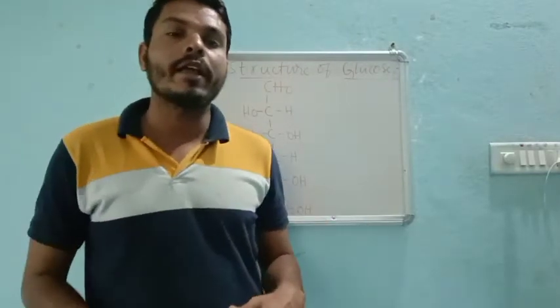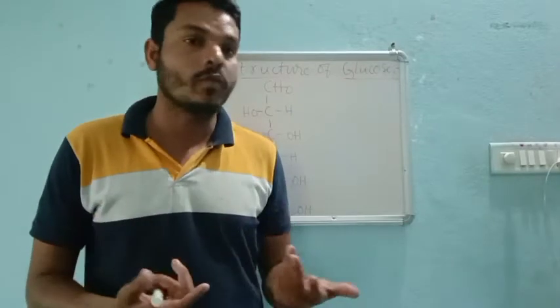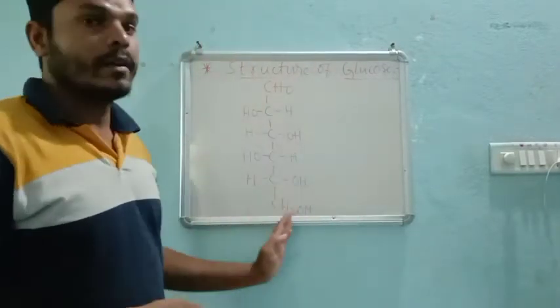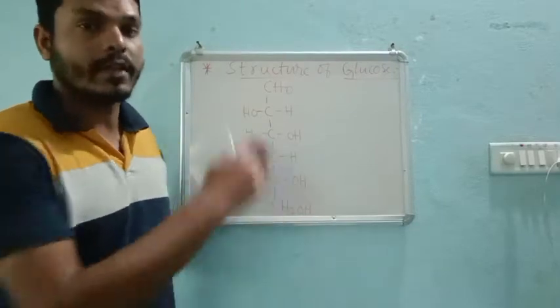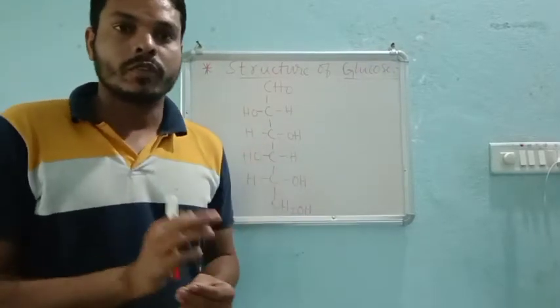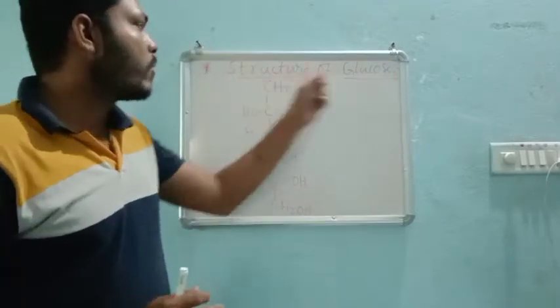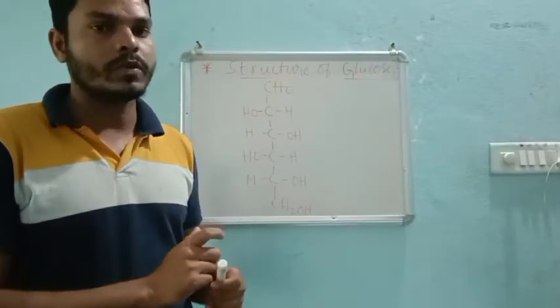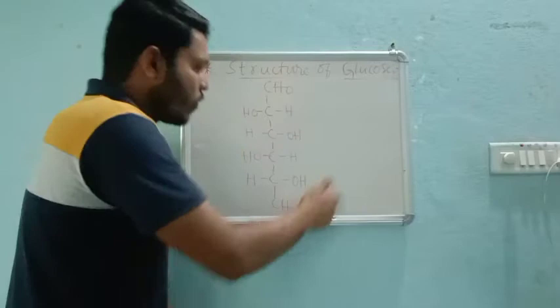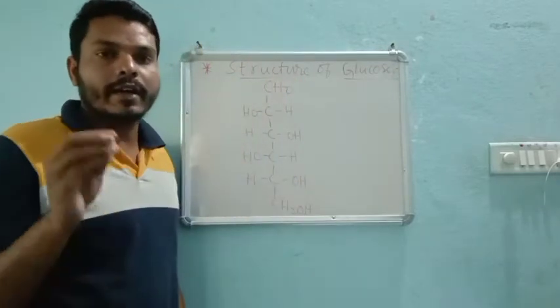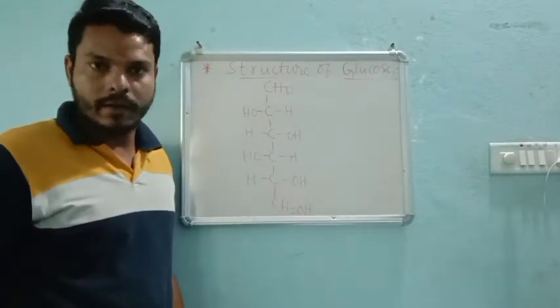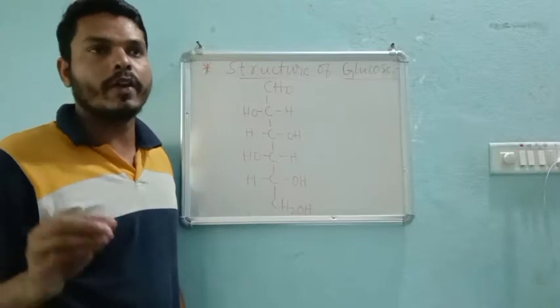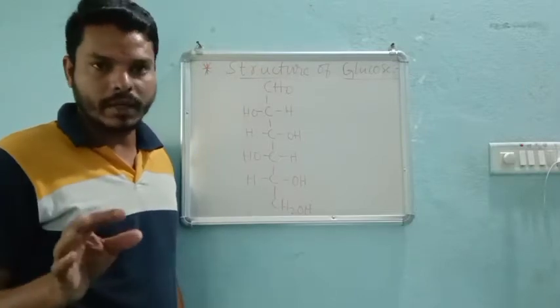Then what is the reason why we say the structure of glucose is like this only? So for that, we study the structure of glucose. That means we check whether what we are seeing in the structure of glucose is correct or not, by doing some different tests, right?